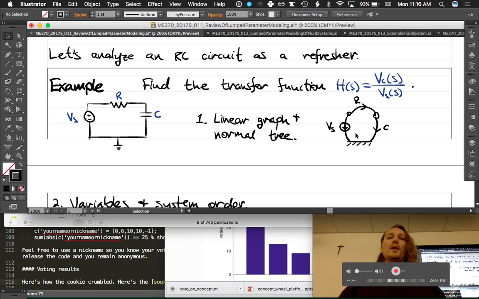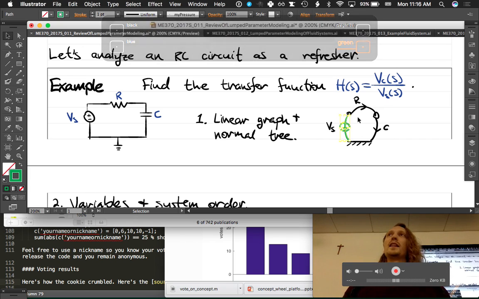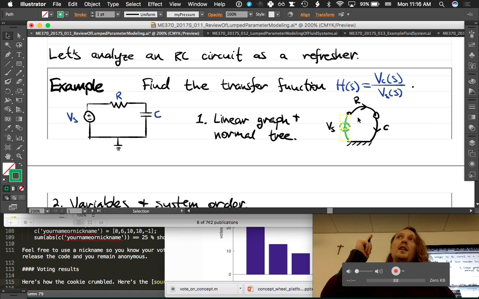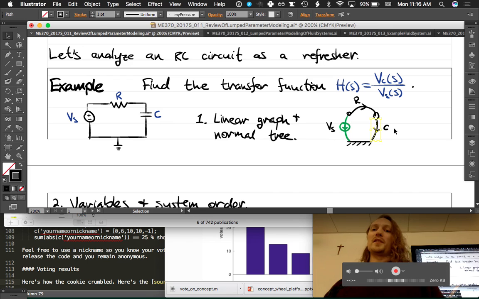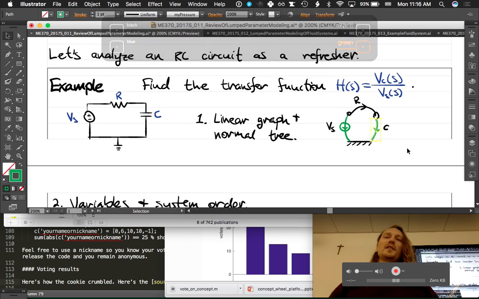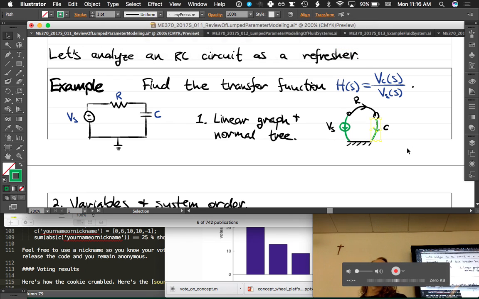That's our top priority. And remember that we're going to select until we can't select any more without creating a loop. So top priority is cross variable sources. Second priority is the A-type energy storage elements, which is a capacitor in the electronics case. And then we can't select any more, otherwise we create a loop.